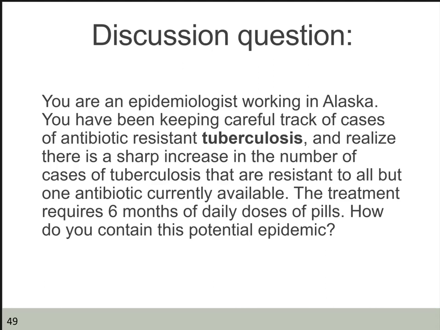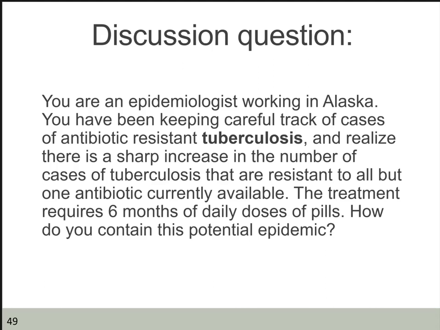This is something that's actually occurred in different states, and different states have handled this differently. In some cases, people are put in quarantine. In other cases, people are monitored closely and have to take their medication in the presence of a nurse at all times. In other states, nothing is done, and the person is told to take medication over the next 6 months, but not monitored while they do it.